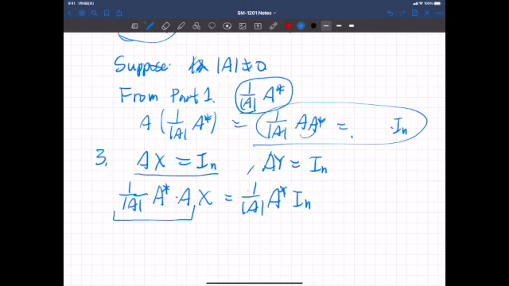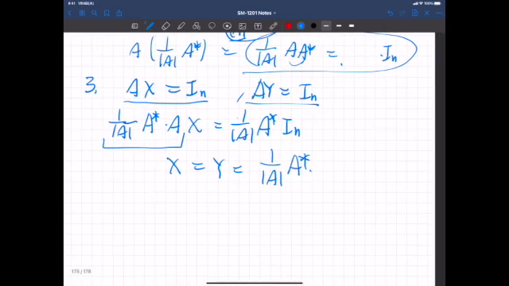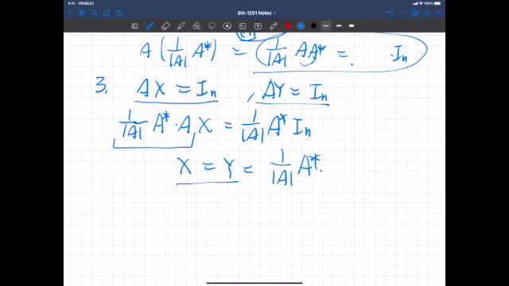Actually it's swapped, but we still have the same result from part 1. So after all, same for this one, we have X equal to Y equal to 1 over determinant of A times A star. So the right inverse is unique.